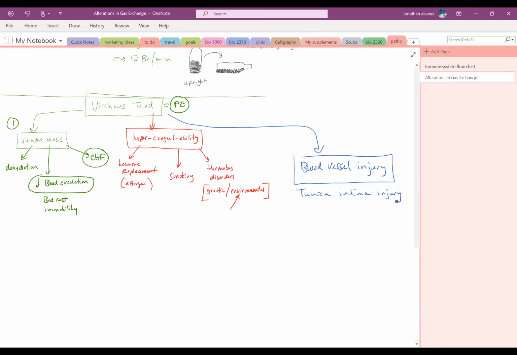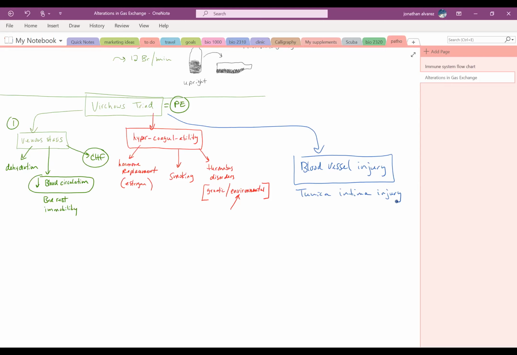So remember the 3 layers of a blood vessel, the tunica intima, which is the inside most layer, that's made of simple squamous epithelium. You want it to be smooth and continuous. So if it gets hurt, then you increase your chances for a thrombus to develop, and then eventually an embolus.